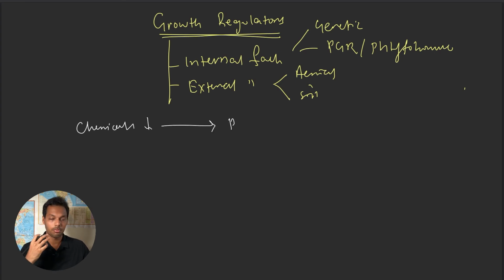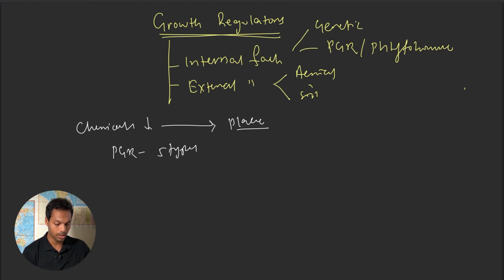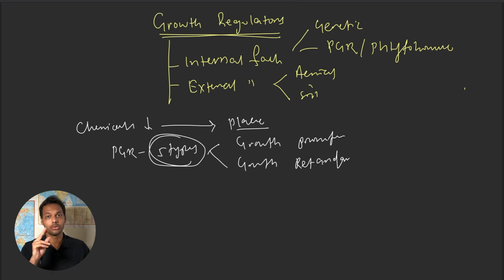There are basically 5 types of phytohormones we find inside the plant. If I broadly group them, they are growth promoter and growth retardant, 2 broad aspects.